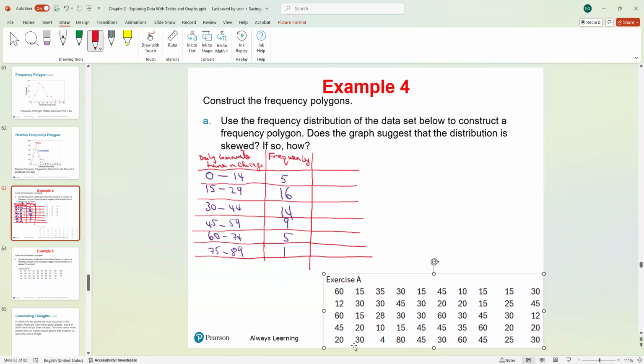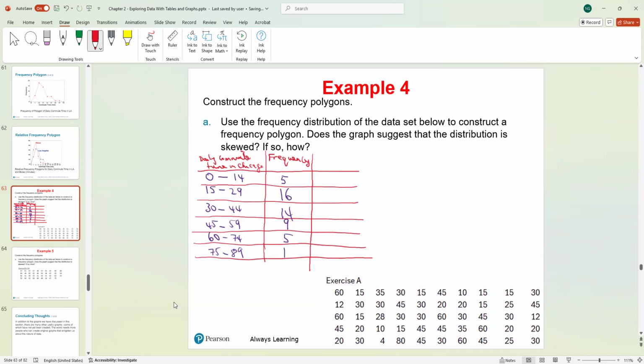Okay. All right. So this data set is about daily commute time in Chicago. So we have about 50 data here. Remember how to construct these frequency distributions. We need to use the lower class limit 0 with a class width of 15.